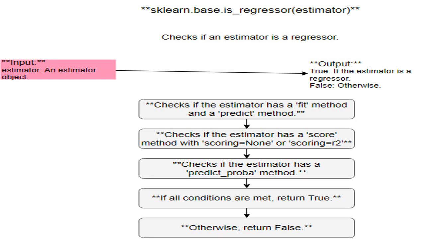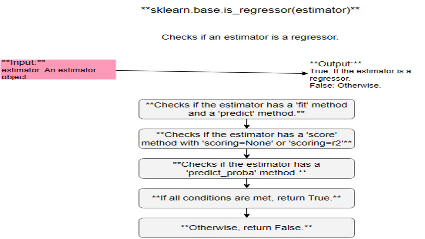The decision component decides if the estimator is a regressor by determining if all required methods are present. If true, the estimator is classified as a regressor. The true condition is triggered if all required methods are present and returns true.